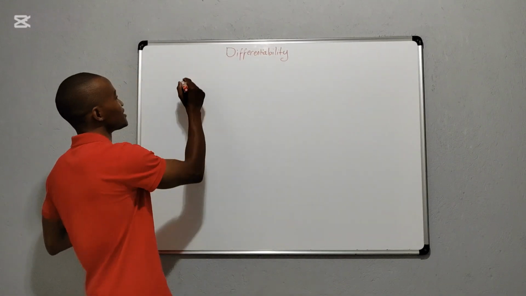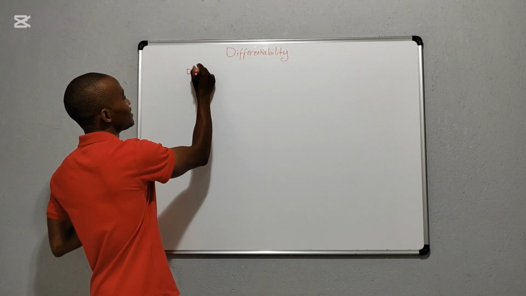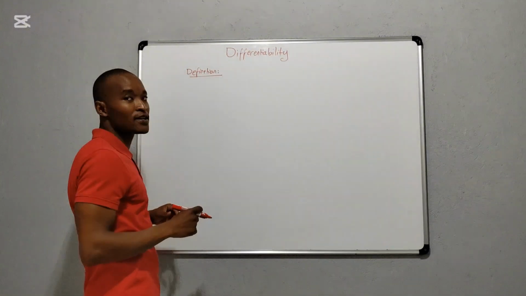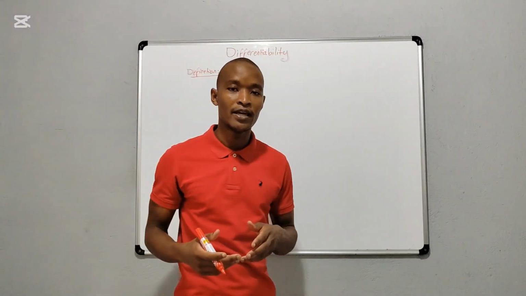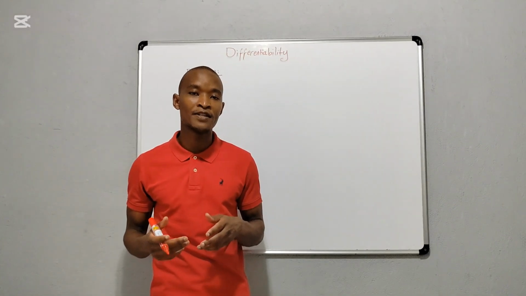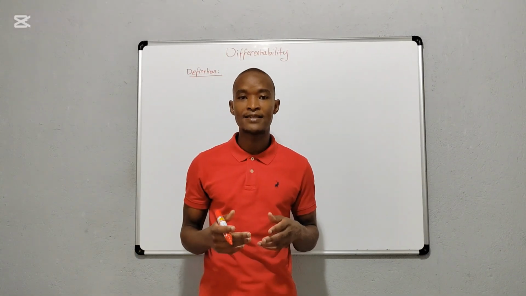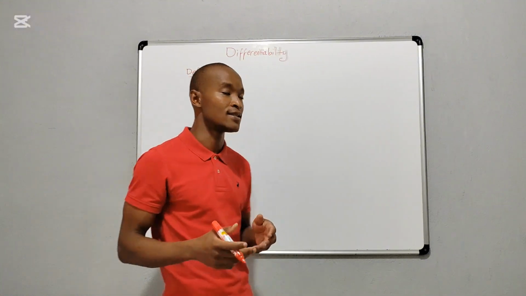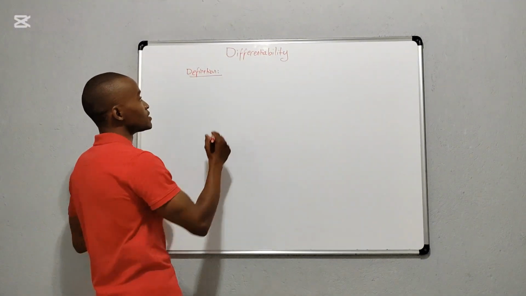Let's start with the definition, okay? When we say a function is differentiable, it means that the derivative function exists at that point where our interest is, or our point of focus.